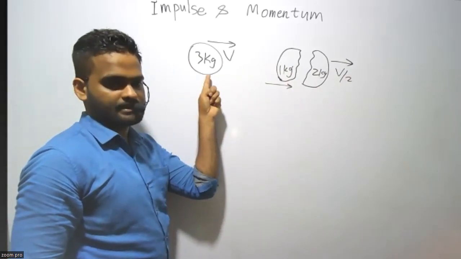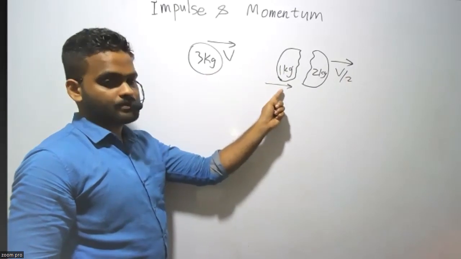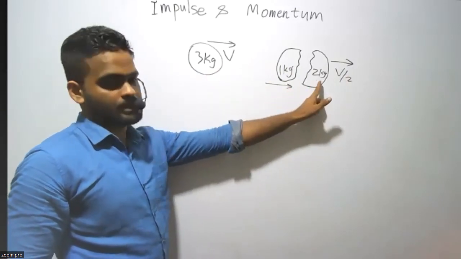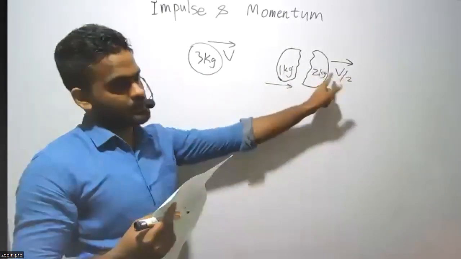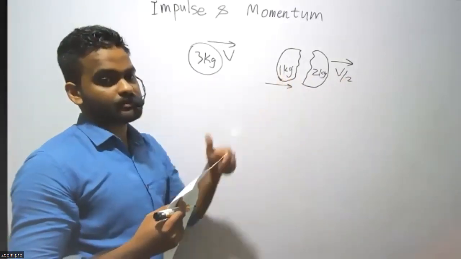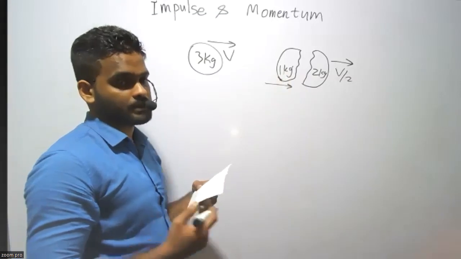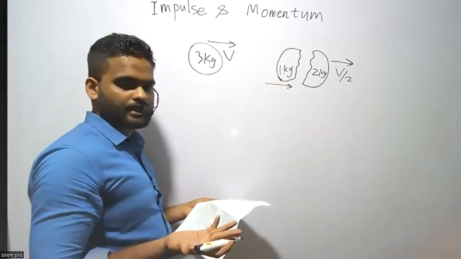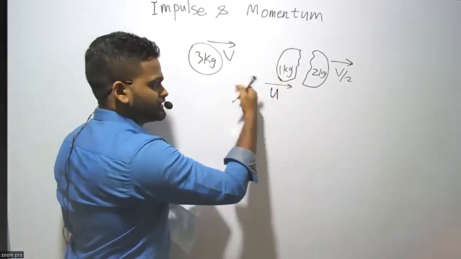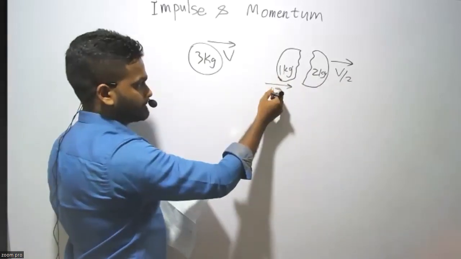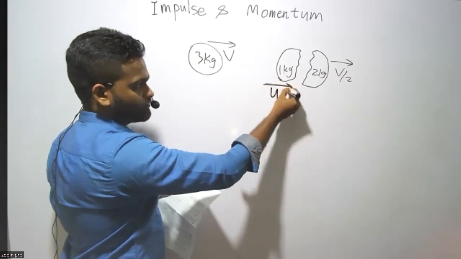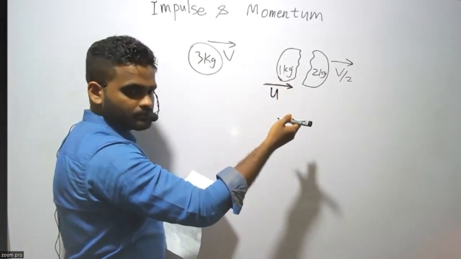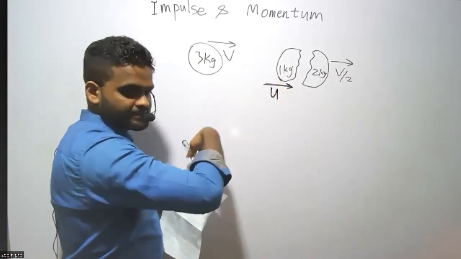After explosion, the large part gets v over 2 in the same direction. That's what they say. Then what they ask is, what is the velocity of the small part? We don't know the direction actually, so I'll just put this direction. If we get a direction wrong, we'll get a negative answer, meaning that direction should be opposite.